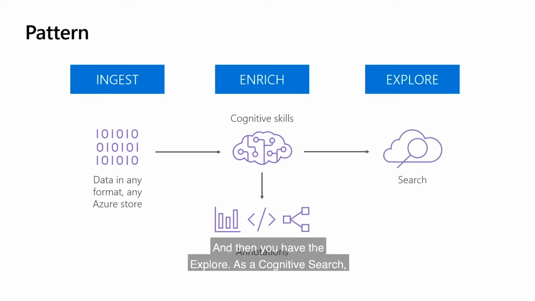And then we have the explorer. Azure Cognitive Search not only gives you the data analytics capability, but also an interface for the search engine. In the real world, you can deploy a default web app as the search engine.